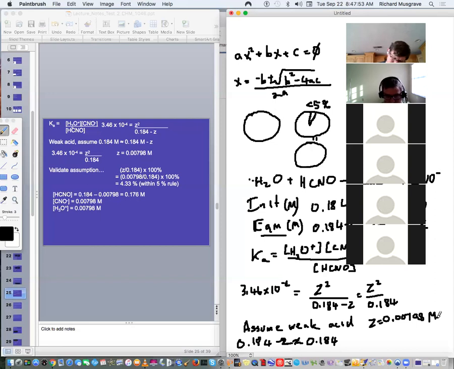It looks like it's it. Anybody got 0.007989724?